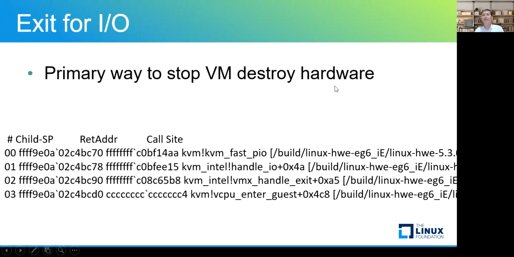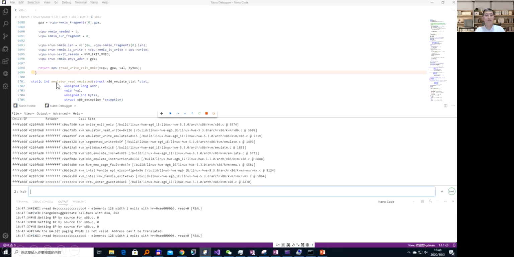So if they access hardware, it will exit, and the hypervisor will do the management. Here is a breakpoint, and in the debugger, we can see the call stack and source code.